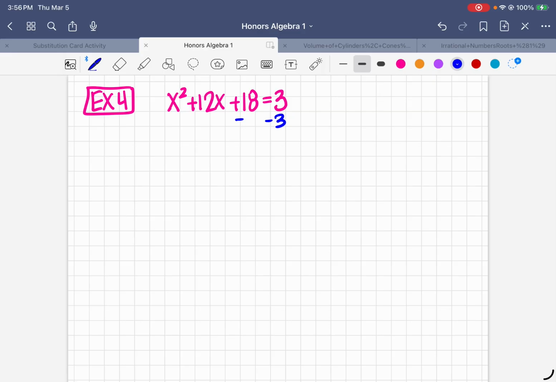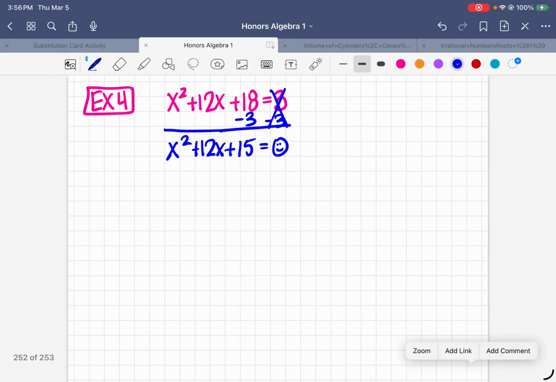We don't want that 3, so we're going to subtract 3 from both sides so that I can get the 0 I want. I'm left with x squared plus 12x plus 15. So a is 1, b is 12, and c is 15. Go ahead and pause and see what you get. Make sure you simplify all the way.